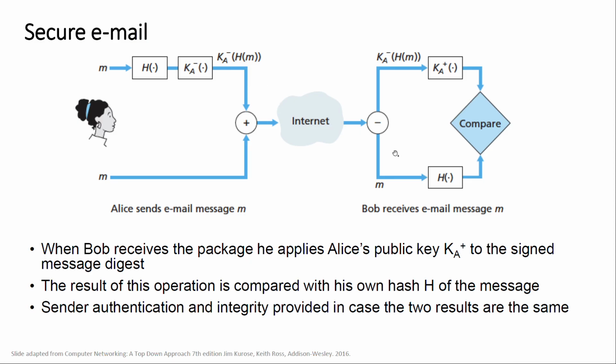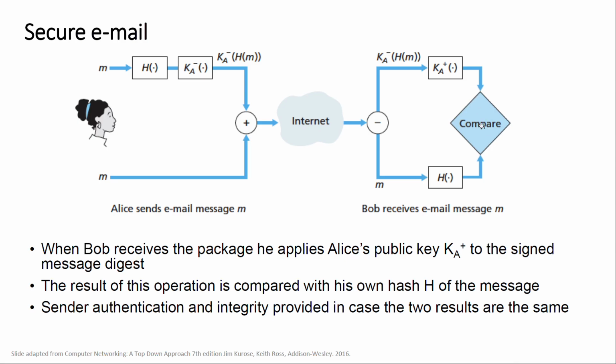So once this is sent, Bob obtains the message, but he also obtains this. So he decrypts this with Alice's public key and obtains h of m. So he obtains the hash of the message, but he also has the message. So he can also apply the hash function and obtain the hash of the message again.